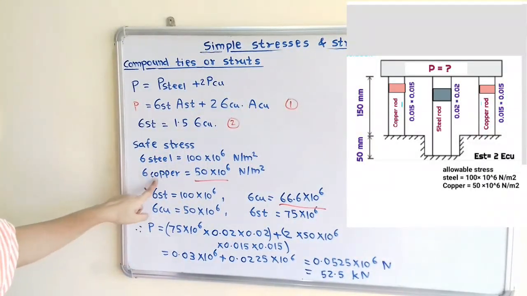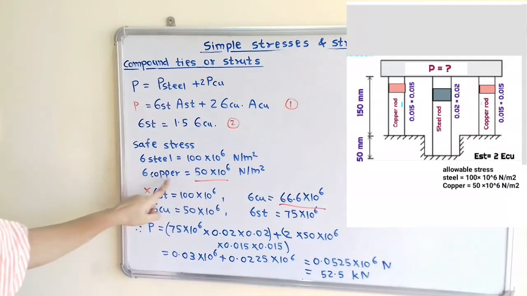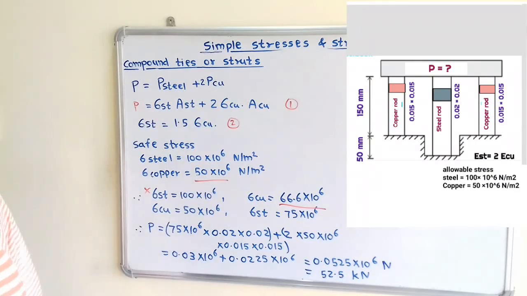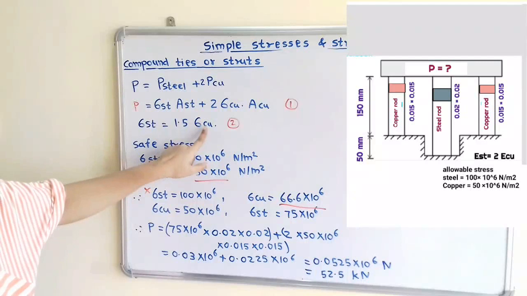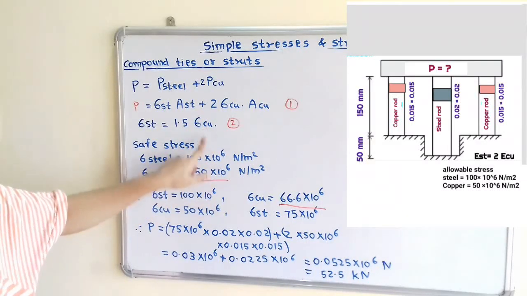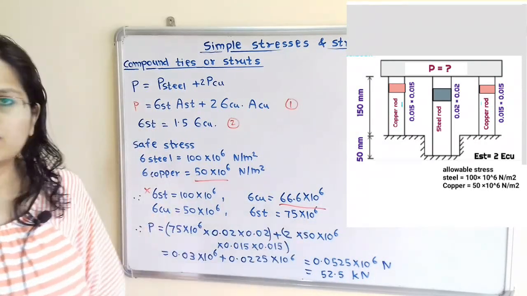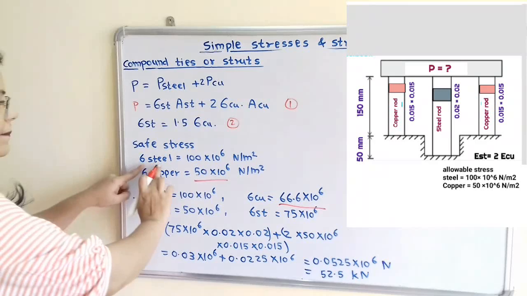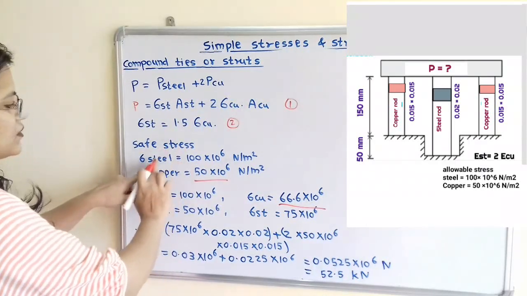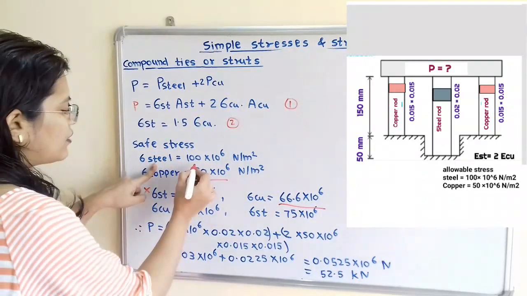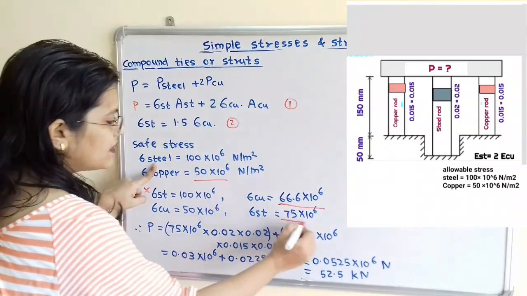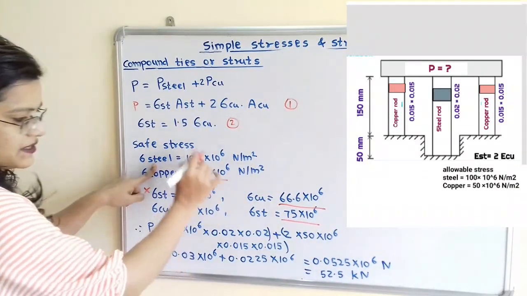Now we will move to the next. We take the safe stress for copper as 50 into 10 raised to 6. When we put this value on the right hand side, we get the stress for steel equal to 75 into 10 raised to 6. If we compare this with the safe stress for steel, 75 is below that safe stress.